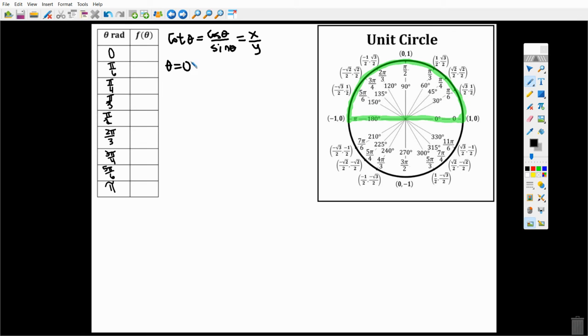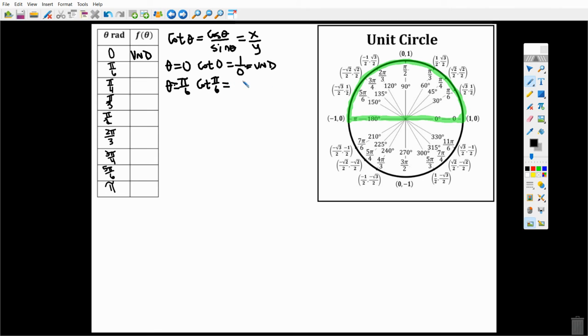So if theta equals 0, then cotangent of 0 is going to be x, which is 1, divided by 0, which again is undefined. So this one is undefined. For theta equal to pi over 6, I'm going a little fast here because we already did it once with the previous one, but I still want to go over it so you understand what's going on.